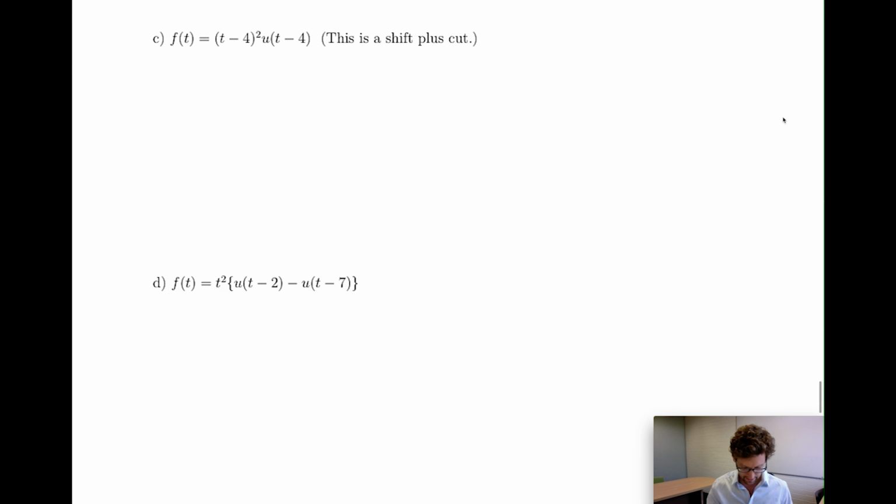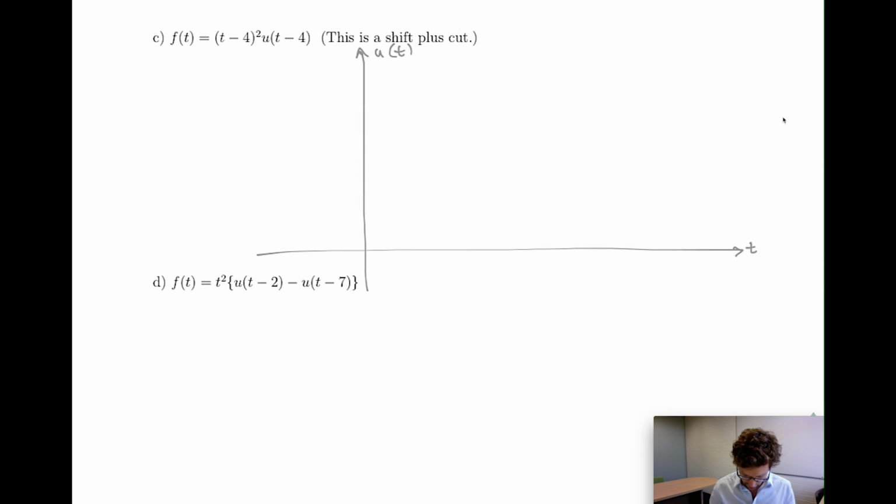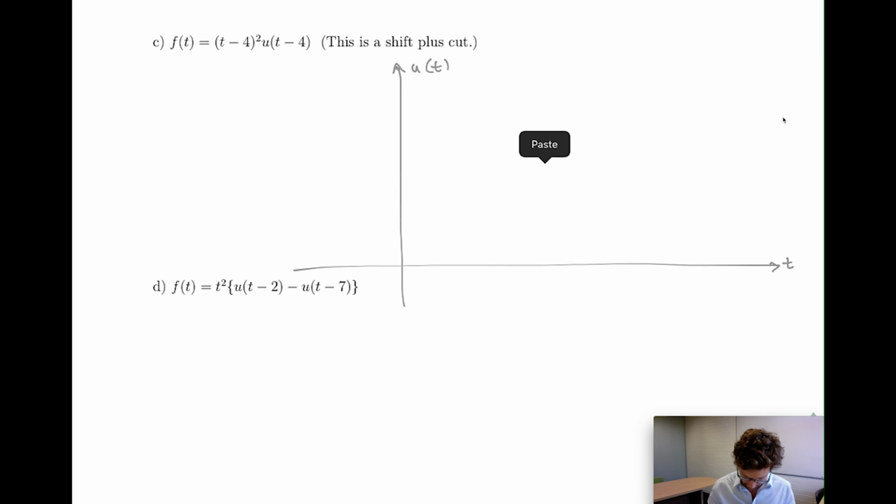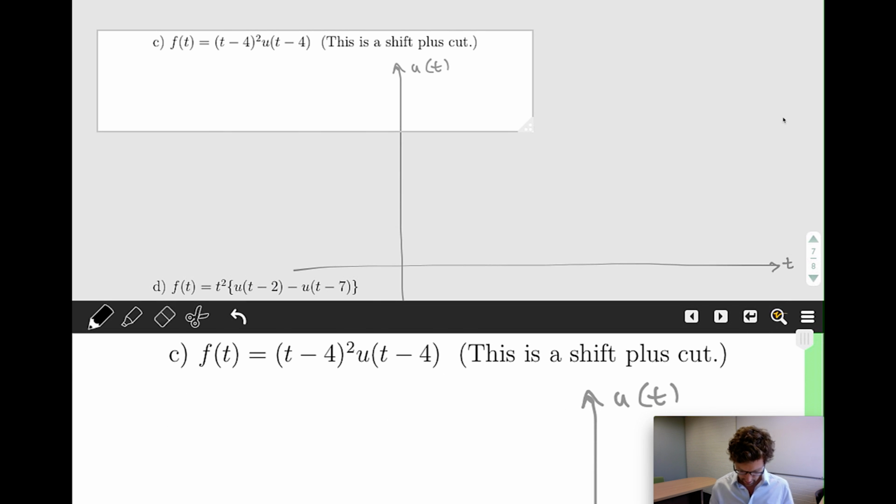Let's take a look at part C. So this is f equal to t minus 4 squared times u of t minus 4. I'm going to again write this in the different parts of its domain.